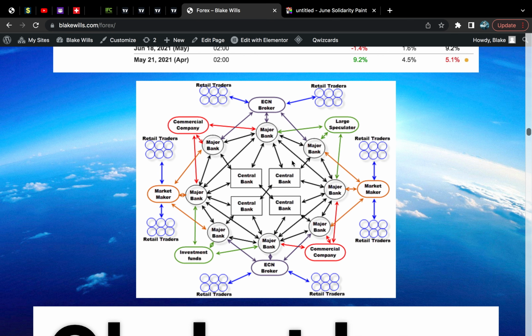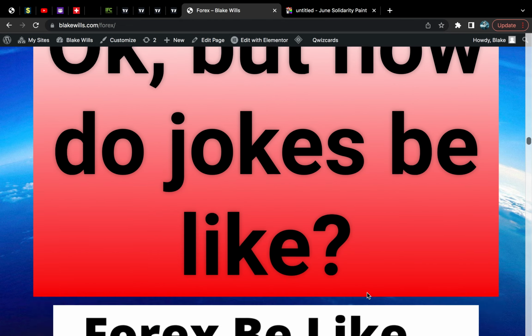You got central banks, major banks, commercial companies, investment funds. You got large speculators, commercial companies, ECN brokers, market makers, right? And you got retail traders on the periphery.